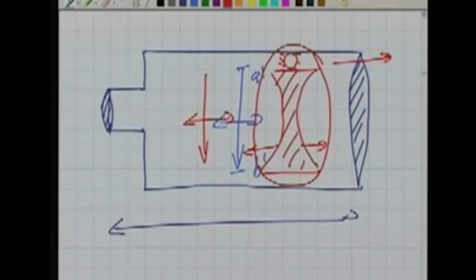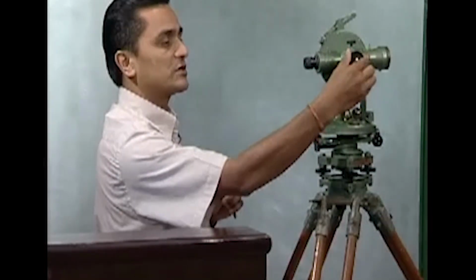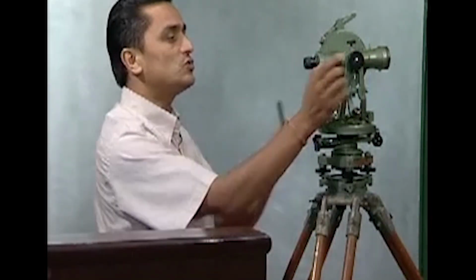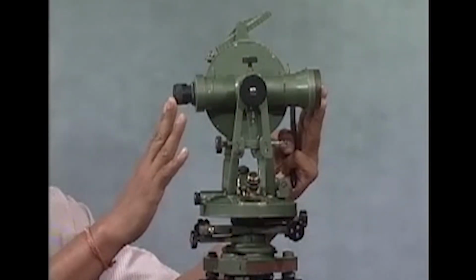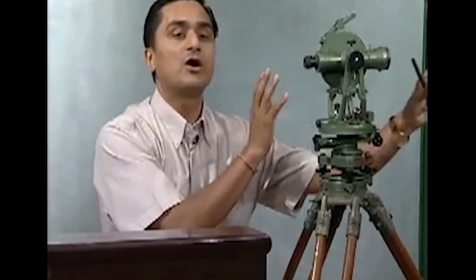There is no tube coming out of the telescope, so the balance of the telescope is maintained. As we see in the case of the theodolite here, if I focus the objective, there is no change in the length of the telescope. So you can very well guess what kind of telescope it is. Nothing is coming out of the telescope, so this is an internal focusing telescope.